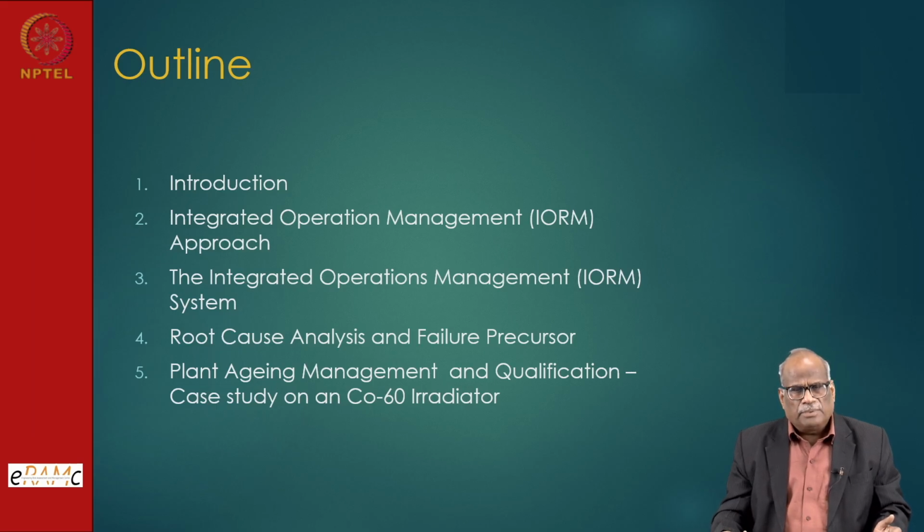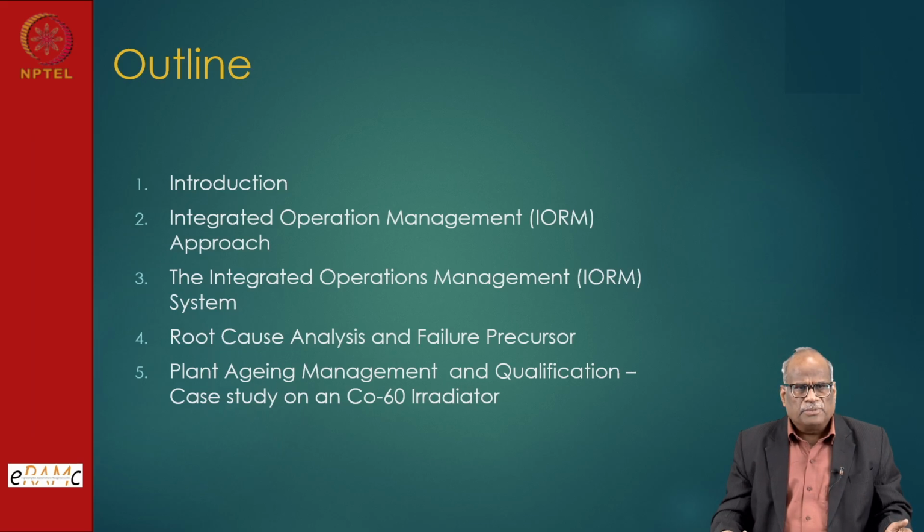So then the refurbishment starts, because aging or life extension is intuitively an integral component of operation, because after the refurbishment or aging management, the plant springs back to normal operation, and then starts delivering for another 10 years, 20 years, 15 years, depending upon the plant and its goals and objectives.